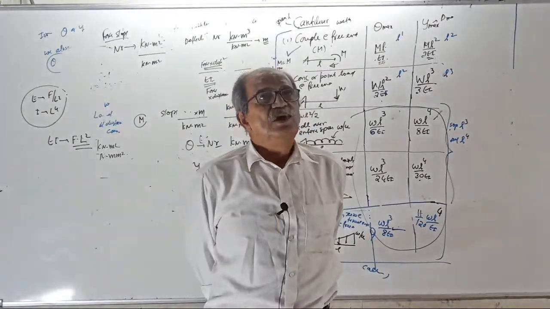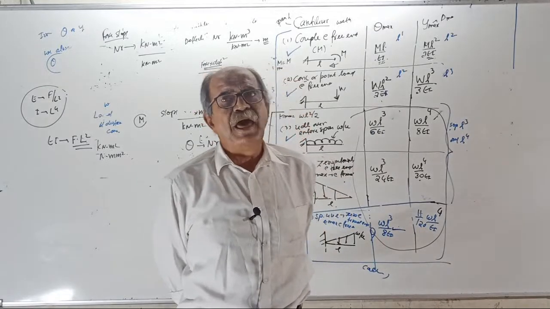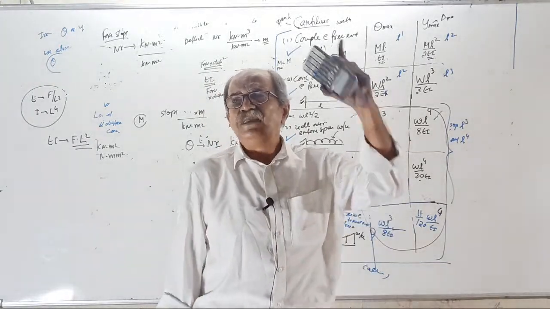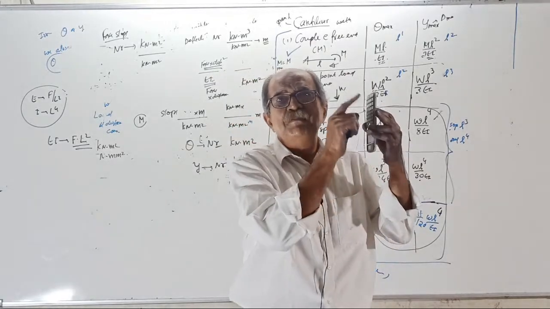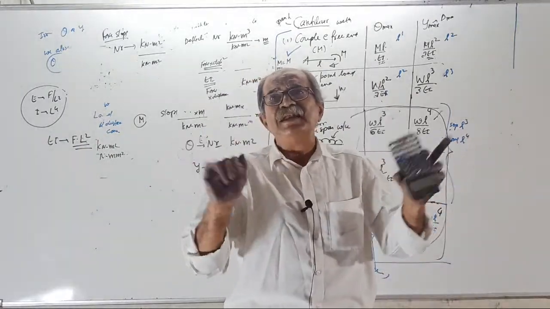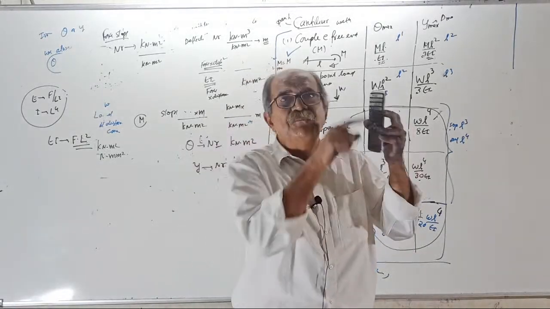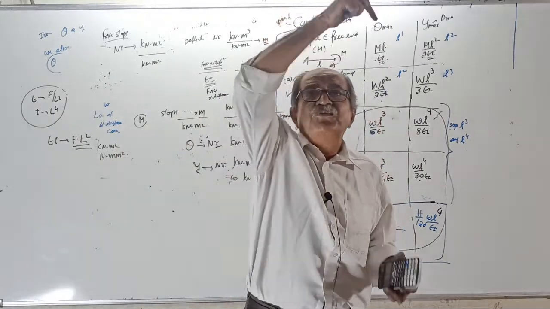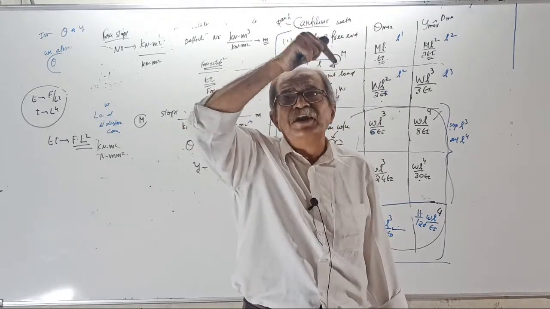Cantilever: slope is maximum at the free end, and deflection is maximum at the free end. If you want slope anywhere for a cantilever, consider the area of the BMD from there up to the fixed end. If you want deflection anywhere for a cantilever, consider the area of the BMD from where you want deflection up to the fixed end, and take its moment about where you want deflection.